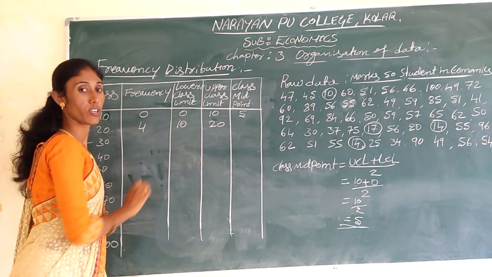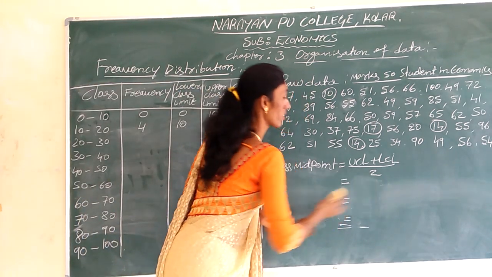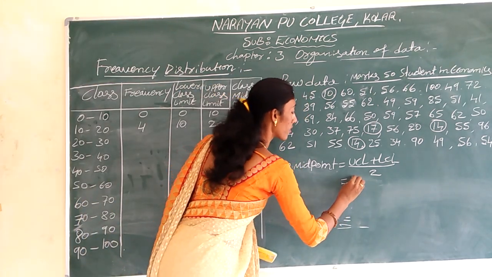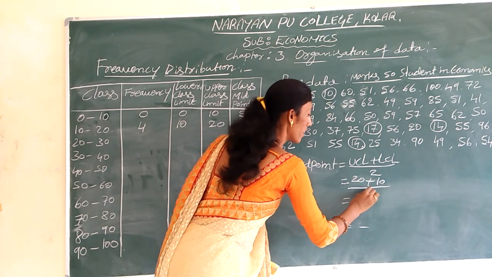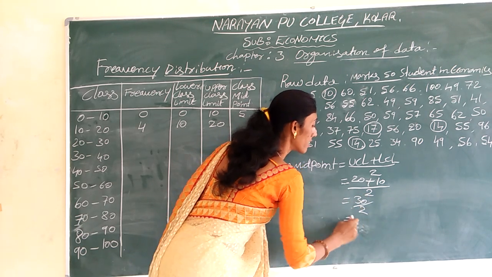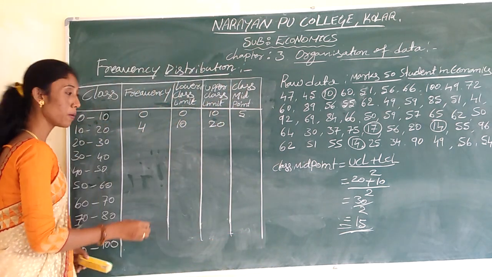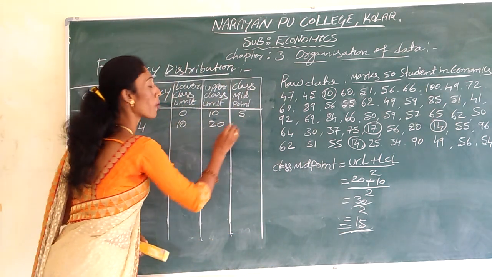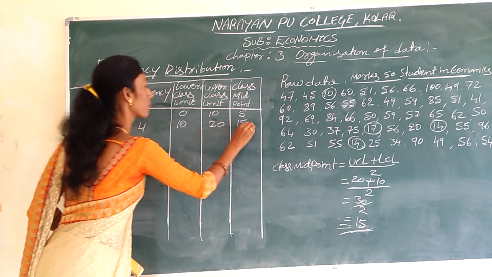If you want, you can even apply the formula: the upper limit is 20 and the lower class limit is 10, so 30 by 2 gives 15. So you got it now? The class midpoint, or the class mark, is 15.